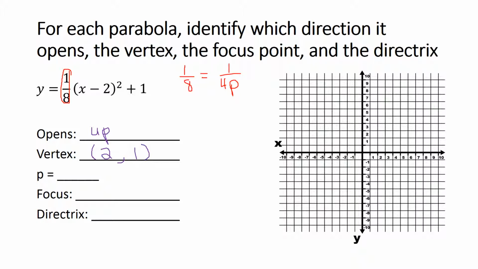When you have two fractions that are equal to each other and you want to solve, you just cross multiply. So if I cross multiply here, 1 times 4p is 4p, and 8 times 1 is 8. To get p by itself, I would just divide by 4 on both sides, and I find out that p equals 2.